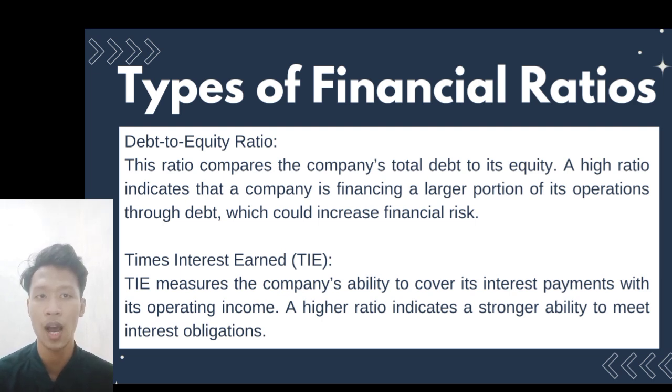A high ratio indicates that a company is financing a large portion of its operations through debt, which could increase financial risk. Times interest earned shows a company's ability to cover its interest payments with its operating income. A higher ratio indicates a stronger ability to meet interest obligations.